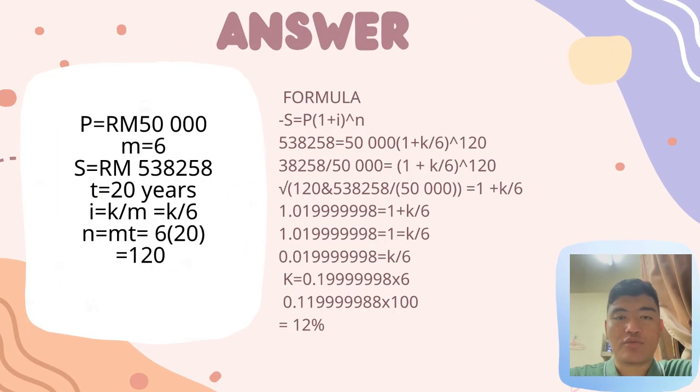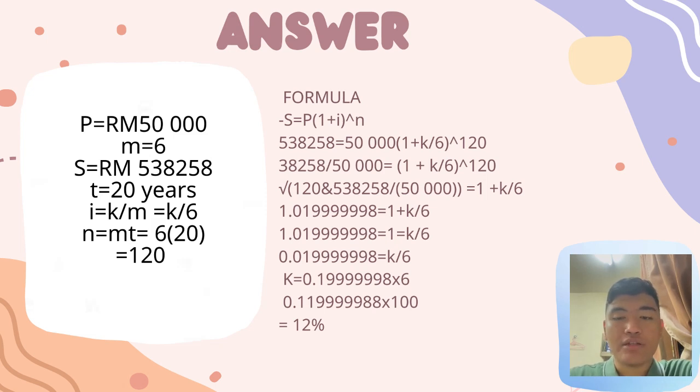Moving on to the next question. In order to find the value of k, which is the percentage, we use the same formula as the previous question, which is S equals P(1 plus i) with the power of n.